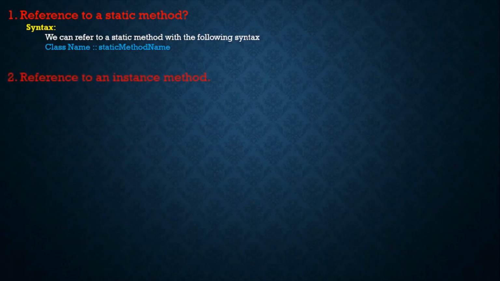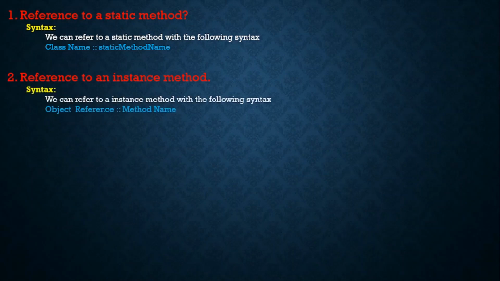As part of reference to an instance method, how are we going to refer to that method? In that case, we refer by the object reference, which is the object we are creating, then the double colon and the method name.